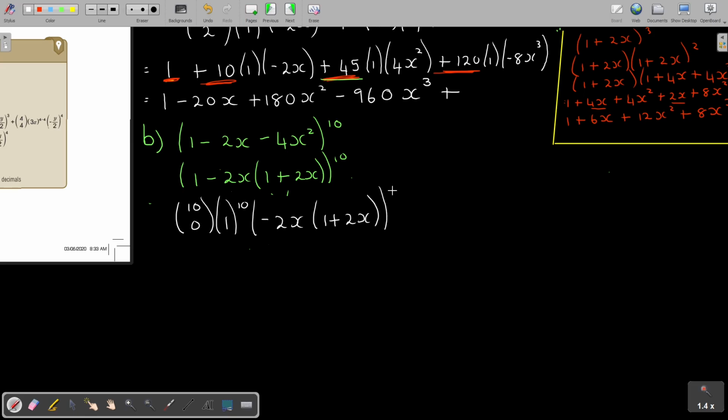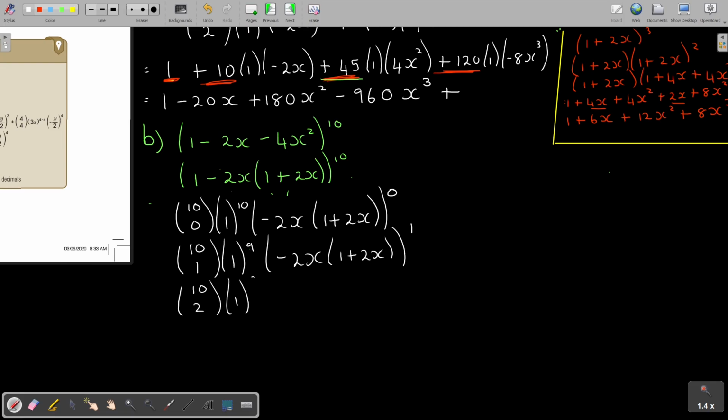it's just to the power of 0 first. And then for the second, 10, 1, and then it's 1 to 9, and then it's this one to 1, because it's that one. And then it's 10 to, and it's 1 to 8, and it's this one to 2.